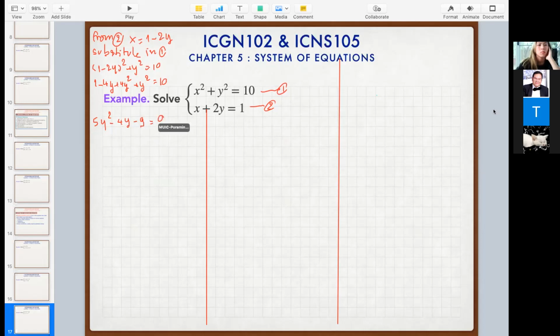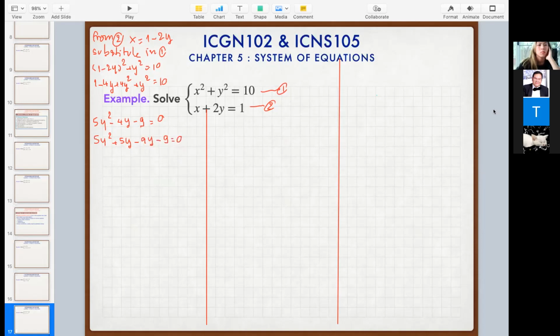In here I have to do the factorization. So in this one I say that I have 5y squared plus 5y minus 9y minus 9 equals 0.